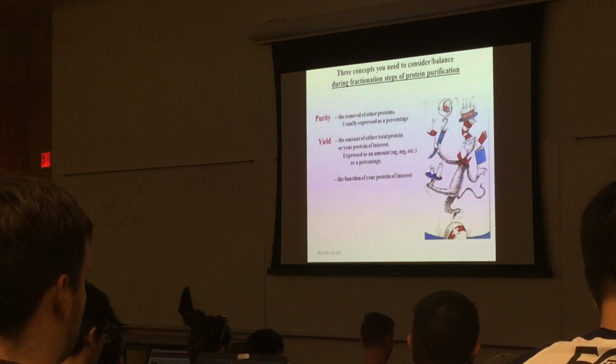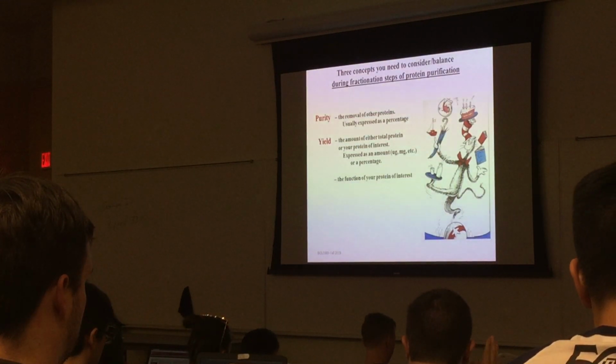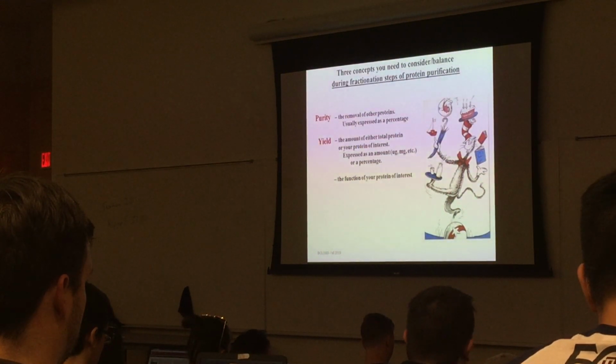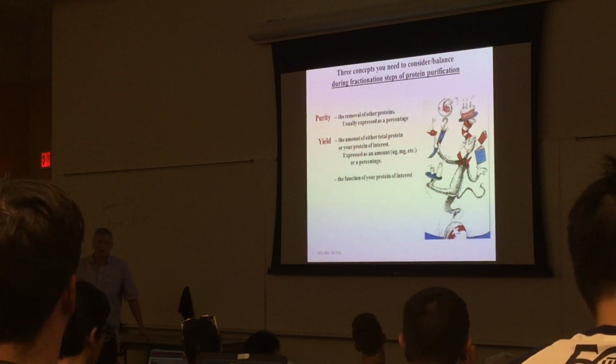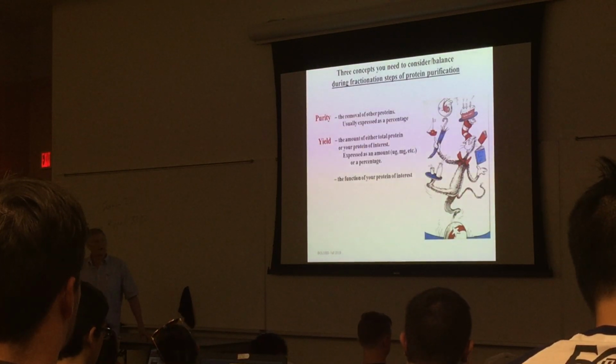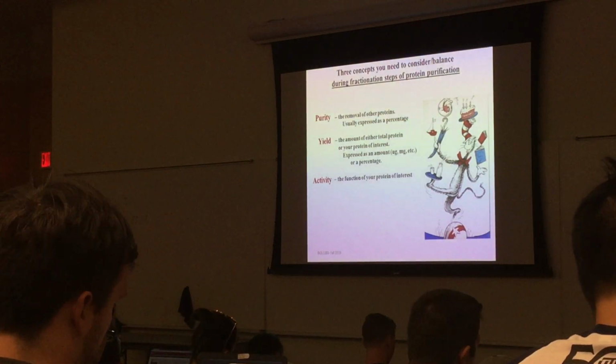Normally we express this as an amount, as a weight, micrograms, milligrams, kilograms. Very rarely do we express it as a percent yield. Percent yields typically are used in chemistry purifications. And then finally, the activity of our protein of interest.